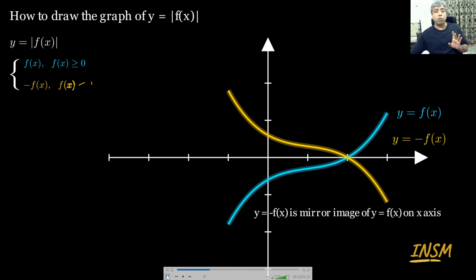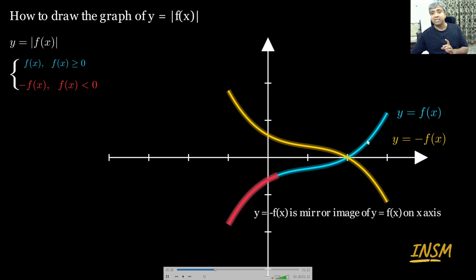Now we come to y equal to mod fx. Now y equal to mod fx is defined as fx when fx is greater than or equal to 0 and minus fx when fx is less than or equal to 0. Now when is fx greater than 0? Fx is greater than 0 above x-axis. So above x-axis we should retain the graph, like this one.